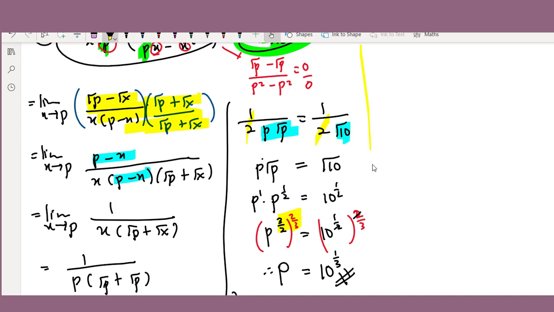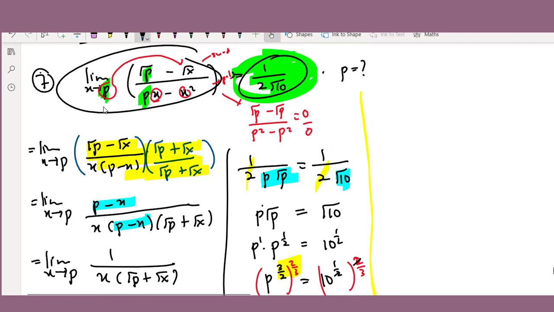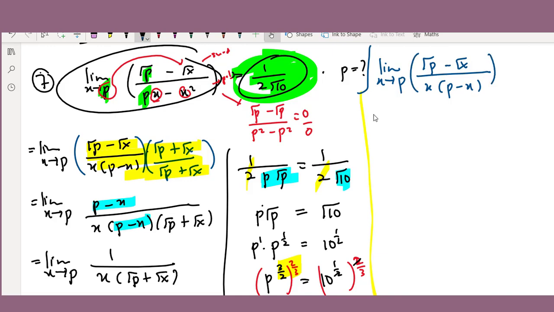Let's say you still have another method. Limit as x approaches p, cube root of p minus cube root of x over x, factorize.